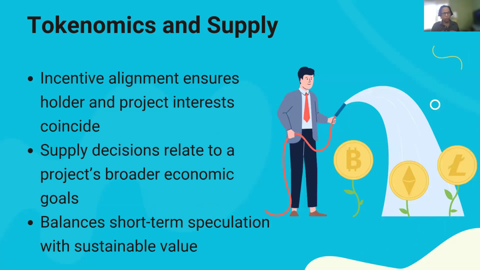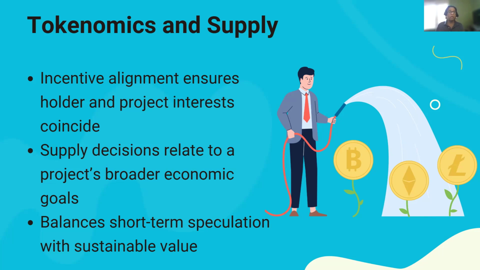So, the tokenomics and supply. I have been talking about the tokenomics. This is a very critical component in successful token design. Once you decide what type of tokenomics you are going to create, you need to create the incentive alignment so that the token holders know how they are going to use the tokens they are purchasing.